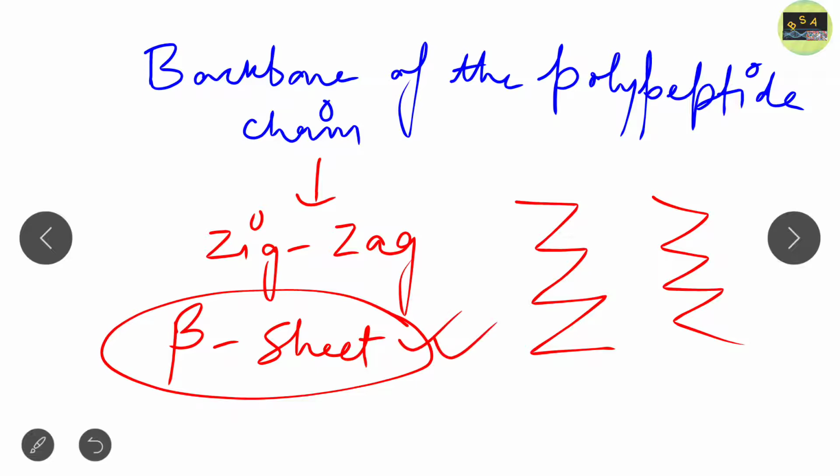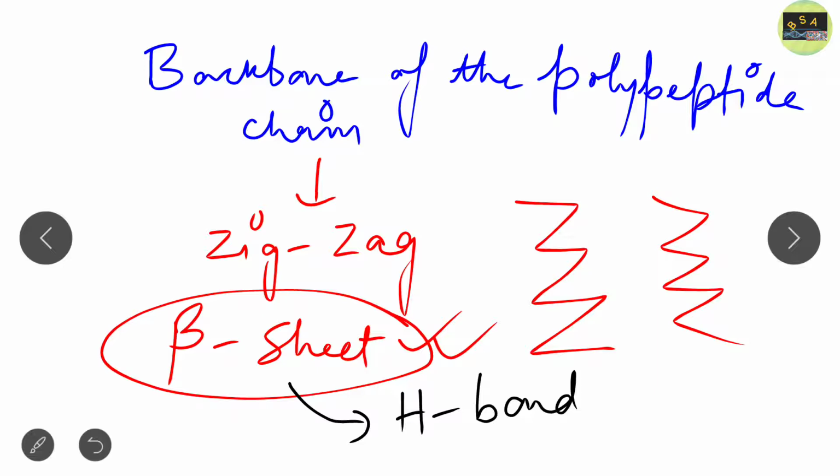A sheet-like appearance is basically seen, so its name is beta sheet, clear. And another important thing that I want to tell you, just note it down: hydrogen bond is formed between the adjacent segments of the polypeptide chain within this sheet.